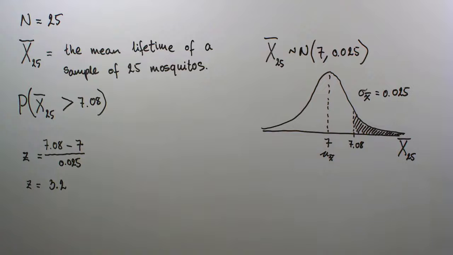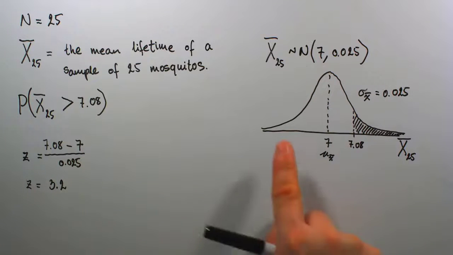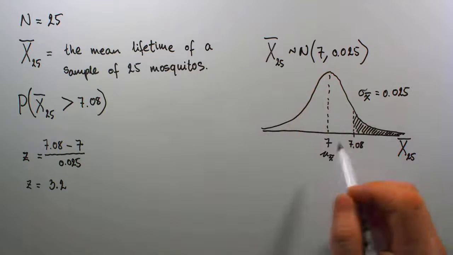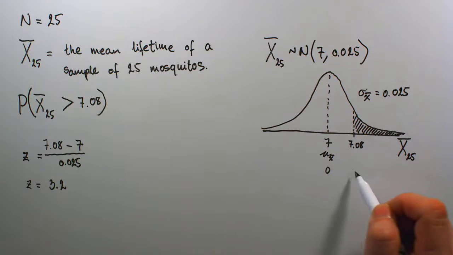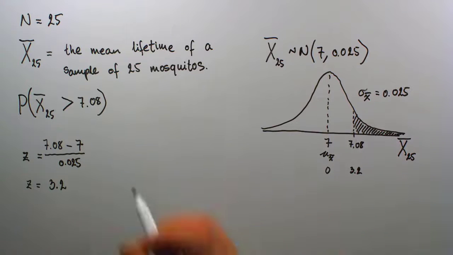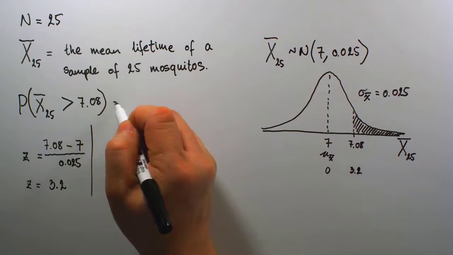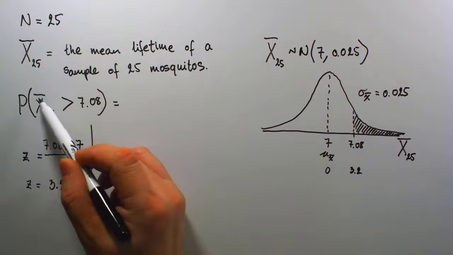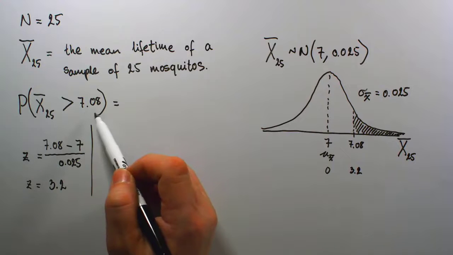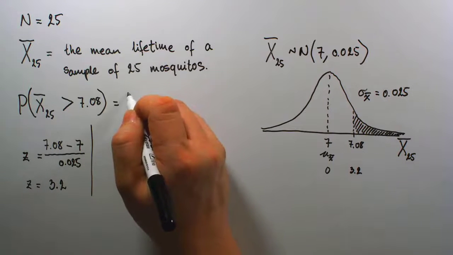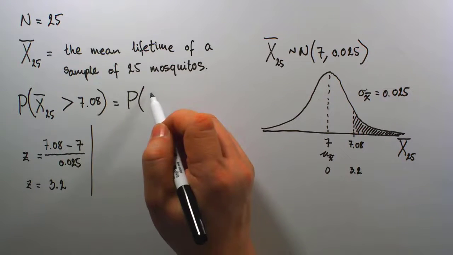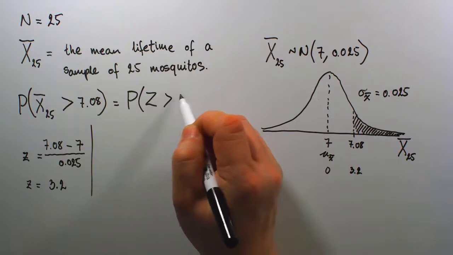So if this was the standard normal distribution bell curve where the center is at 0 and 7.08 is equivalent to 3.2, then the probability that we find a sample mean above 7.08 will be the same as the area on the standard normal distribution bell curve where the z-score is above 3.2.